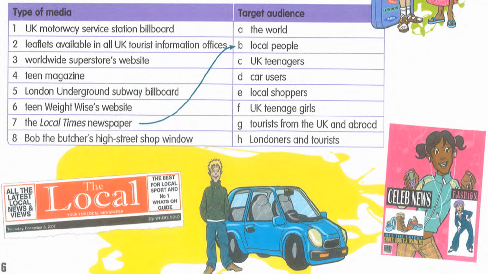Then you have worldwide superstore websites. You have a teen magazine, teenagers, young adults from age 13 to 17, they are the teenagers. Then you have a London Underground subway billboard.